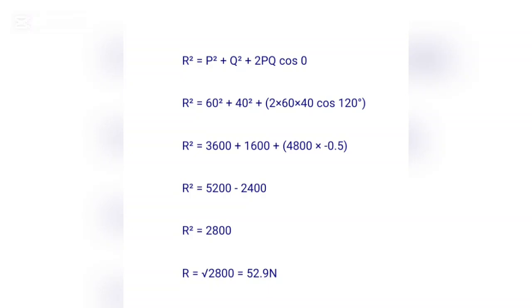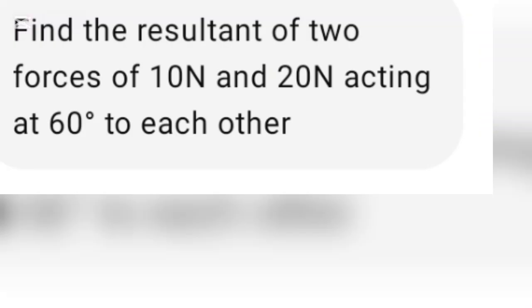By the time we multiply 4,800 by minus 0.5, we are going to have minus 2,400. If we take away 2,400 from 5,200, we are going to get 2,800. The square root of 2,800 will give us 52.9 Newton.